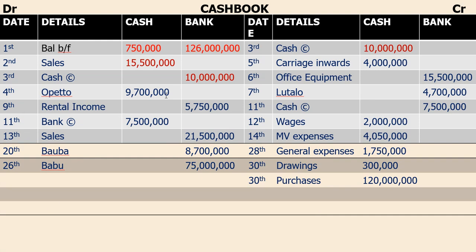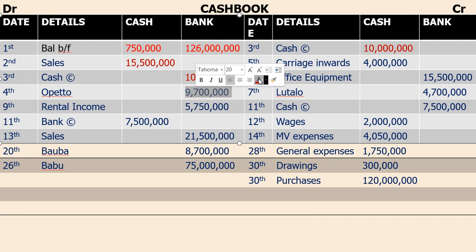So we are going to debit the bank column of the cash book because Opeto paid by check.